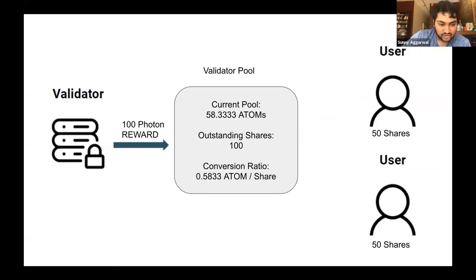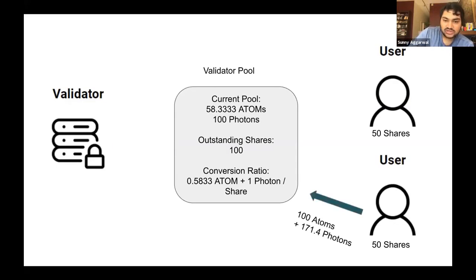Let's say it's 100 photons, not that we know what photons are yet. What does this mean? The current pool has atoms and photons and the shares, but does that mean the conversion ratio is 0.58 atoms and 1 photon per share?